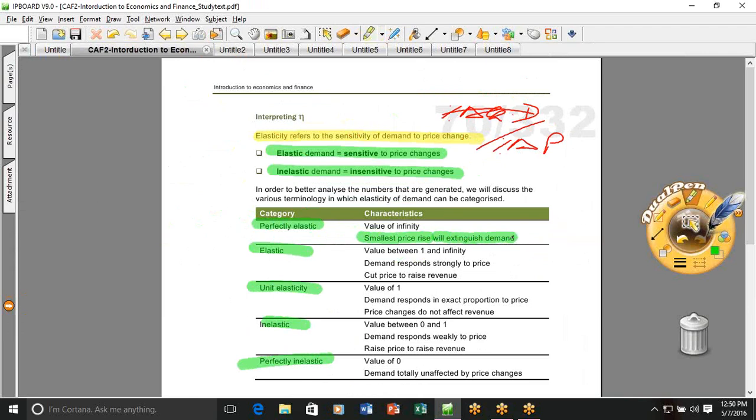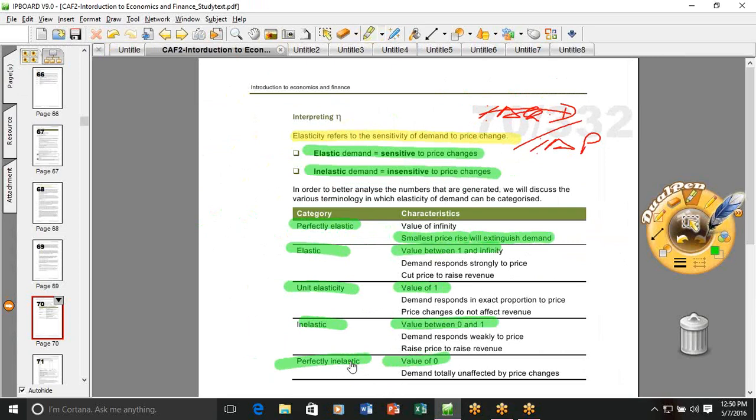More than 1 means elastic, and ये वो 5 डिग्रीज हैं जो हमने स्टार्ट में डिस्कस की.